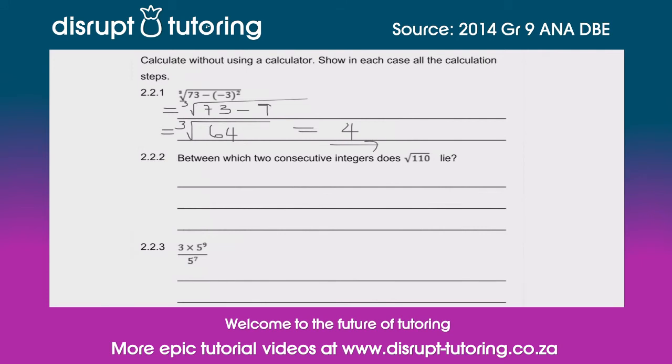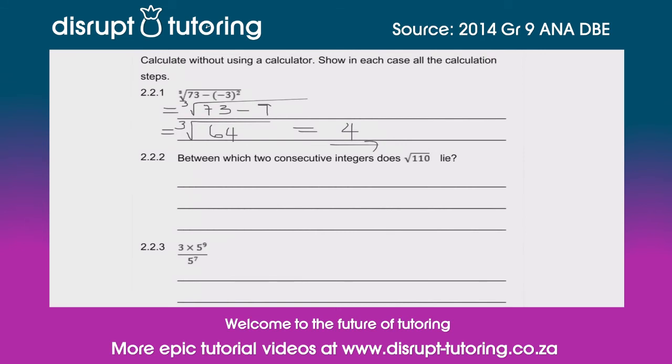So very importantly, the square root of 110 is not going to give you an integer as a result. It's going to give you some decimal, and the result of square root of 110, remember, is going to be an irrational number because it's not a perfect square. So the thing you need to do here is you need to figure out which perfect squares are closest to 110.